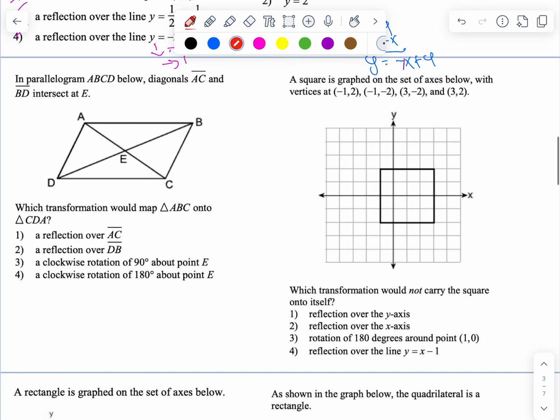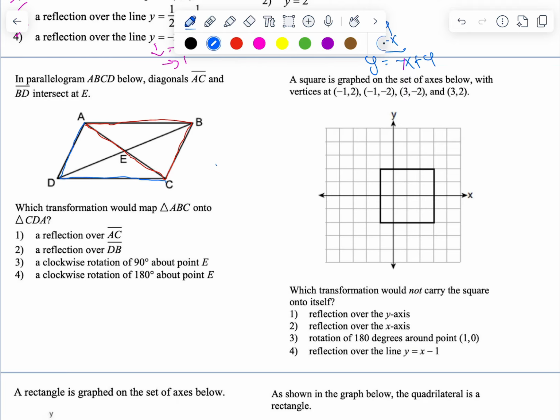In parallelogram ABCD below, diagonals AC and BD intersect at point E. Which transformation would map triangle ABC? Let me outline that triangle, triangle ABC. So we need to map this triangle onto triangle CDA, onto this triangle. So we have a reflection over AC, that sounds reasonable. A reflection over DB, that's not going to work. It's going to make it go this way.